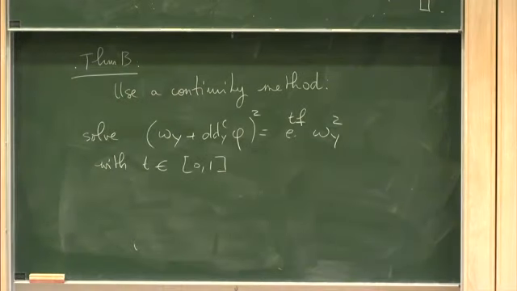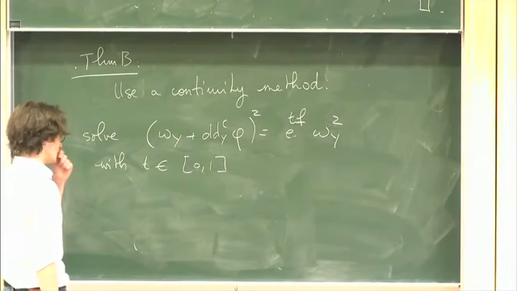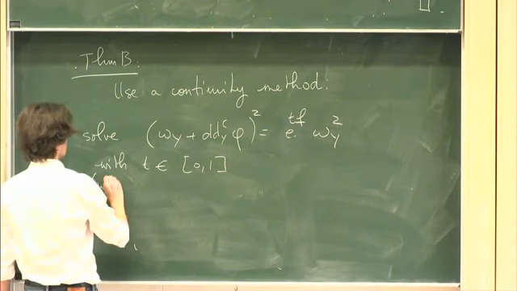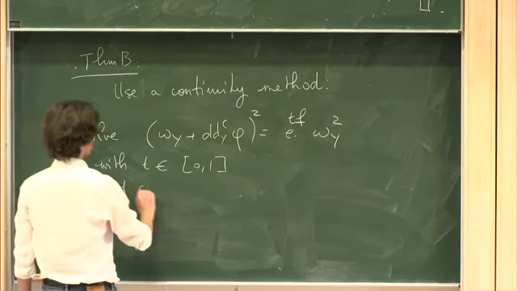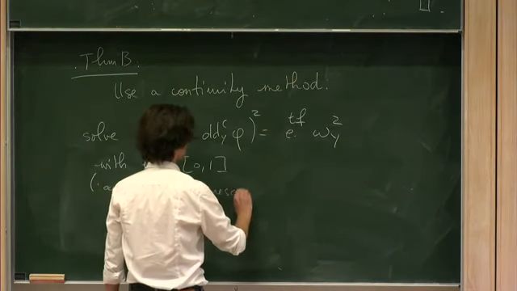And of course, for t equal to 0, your equation is perfectly trivial, with prescribed asymptotics.